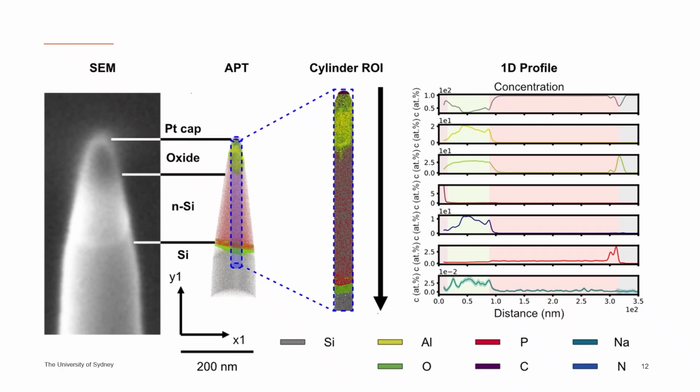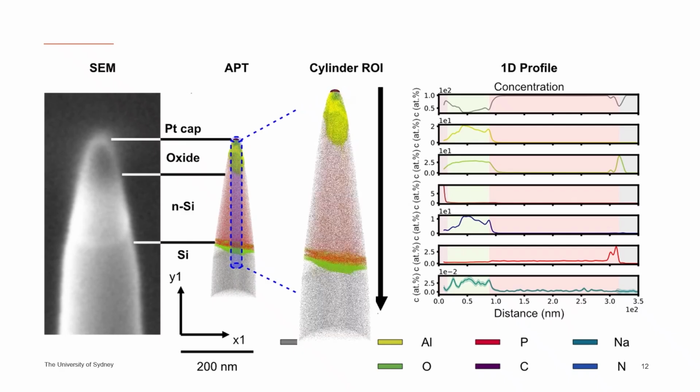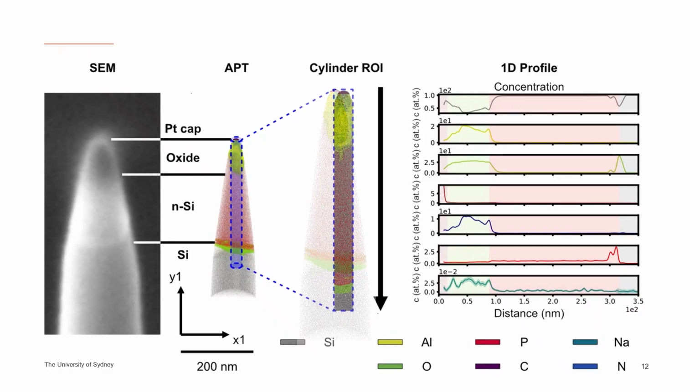Next, you can see an atom probe reconstruction with the full field of view, where we now can follow the oxide surface, a phosphorus doped layer, a buried oxide, and the silicon substrate. Due to the irregular shape of the surface oxide, we decided to restrict the analysis to a center core region with a cylindrical region of interest, as shown here.